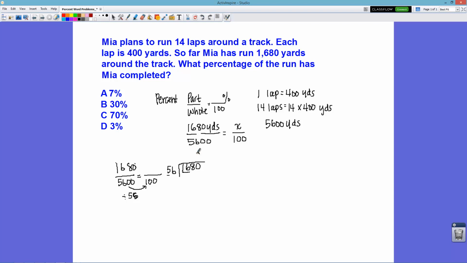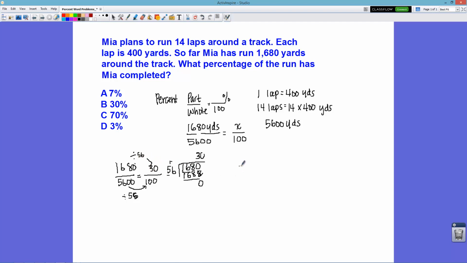So it's roughly about 3. So 3 times 6 is 18, plus 1 is 15. Oops, I went over too far. That's 8 here, and that's 16 here. Then I bring down the 0. 56 into 0 is going to be 0. So that leaves me that 1,680 divided by 56 is going to be 30. Okay, that's one way to figure it out.